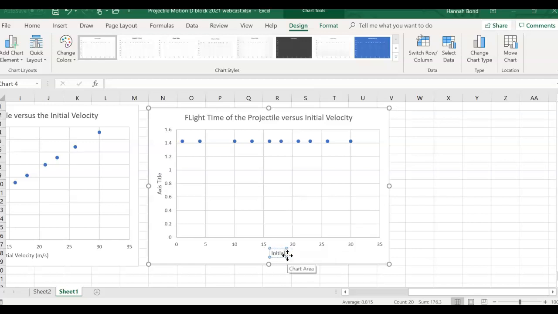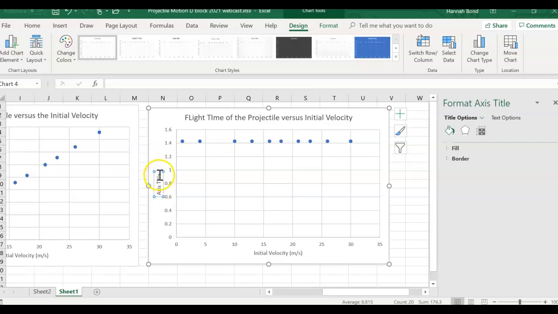I have initial velocity, in meters per second, as my independent variable, and flight time, in seconds, as my dependent variable.